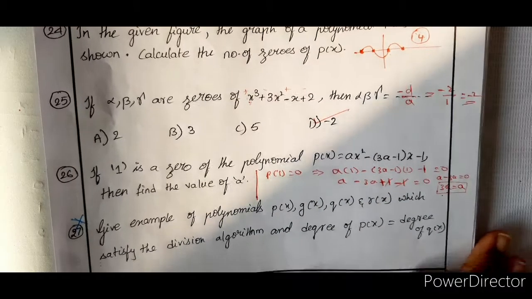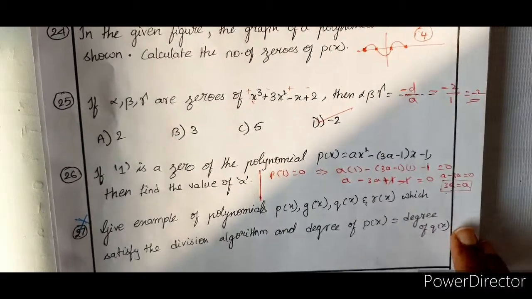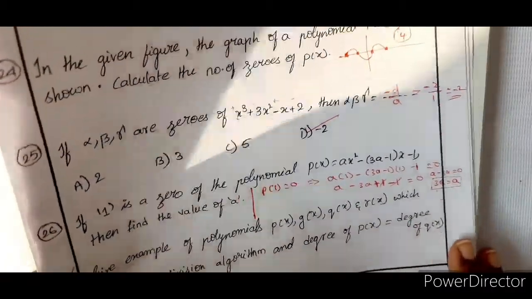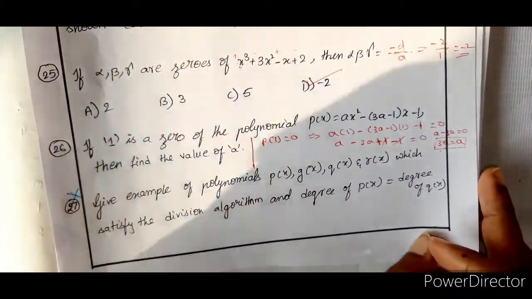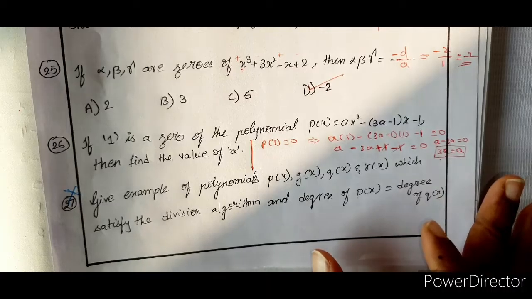So depending on the options given, you can find out. He may be giving a is equal to 1, 2, 3, 4 or whatever it is, or all values.